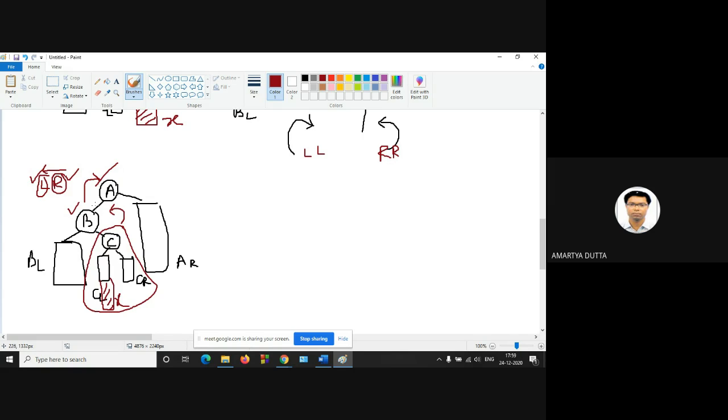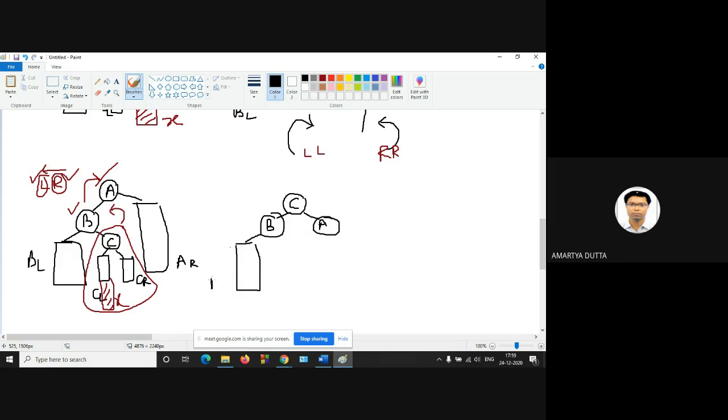What is the scenario? The scenario is C is the root, and B is the left child. A is the right child. And from B, you are getting BL.